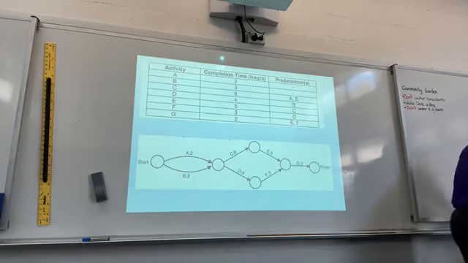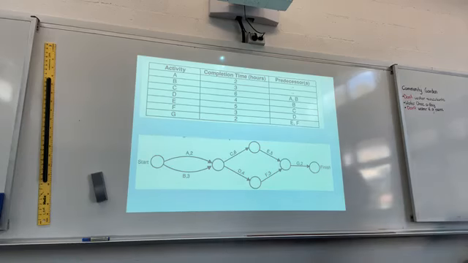Let me highlight this. C is dependent on AB, which is fine. Whereas, if you look at D, D is only dependent on B.